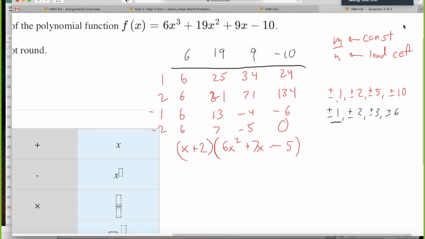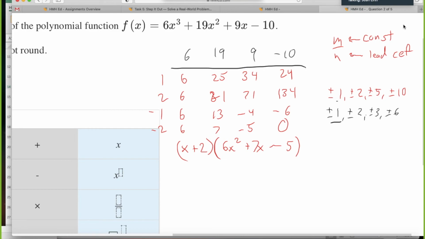Trying to think. Not coming up with anything easily. So, we'll stick with our zero theorem thingy. All right, let's go.